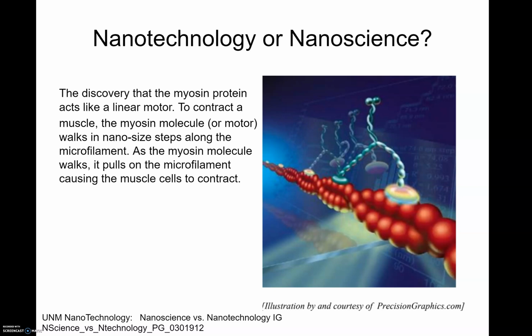As the myosin molecule walks, it pulls on the microfilament, causing the muscle cells to contract. Oh, sorry, that's nanoscience. So we discovered exactly, molecularly, how your muscles contract, and found that they have this myosin protein that does it. And that's nanoscience because it's just understanding something.